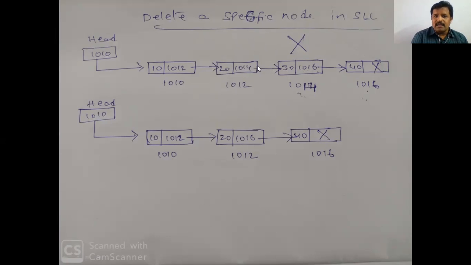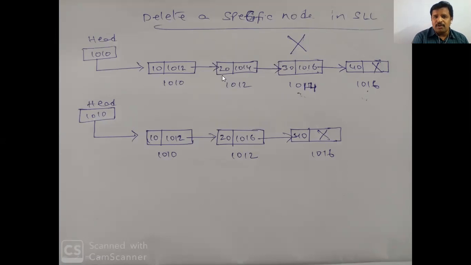Suppose this previous node 20 contains the address 1014. The 1014 is the address of the node 30, and this node 30 contains the address of the next node 40, that is 1016. Suppose we want to delete this element 30, then the linked list will look like this. There is no node 30.